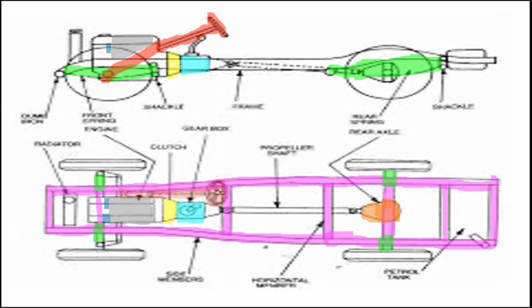The red color is the steering system, and the black at the wheels is the braking system. Finally, the blue one before the engine is the electrical system. So these are the components we are going to discuss, one by one.